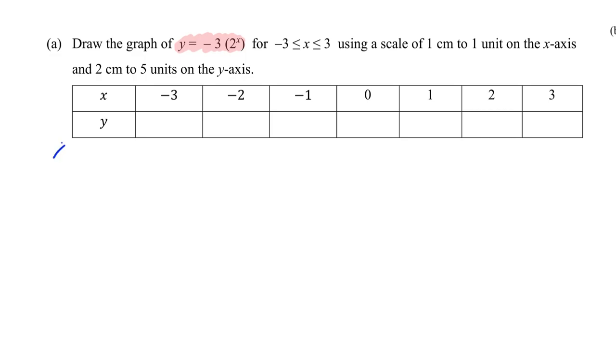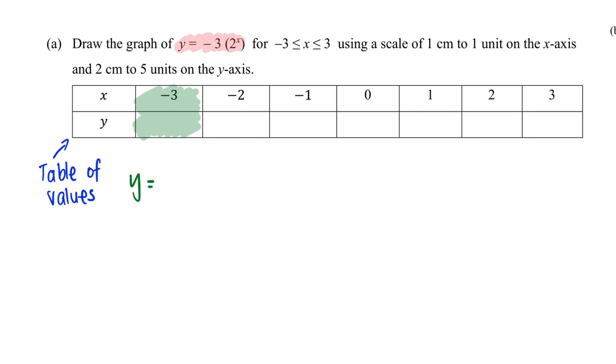So this is our table of values. And let's start filling in, and this is my recommendation. Please use a calculator. For the very first value that I'm going to demonstrate here, where x is equal to negative 3, what will be my y?